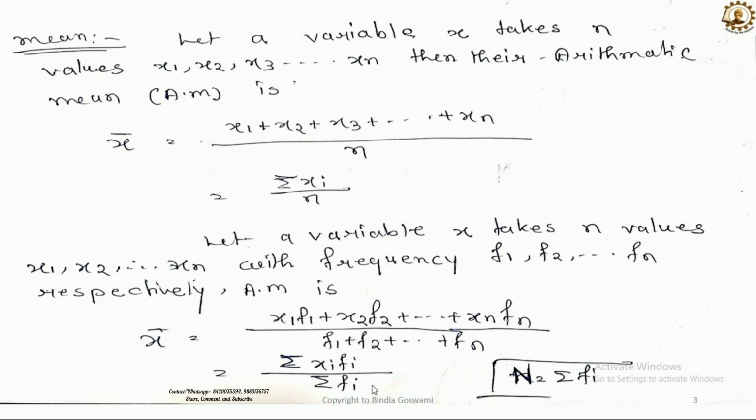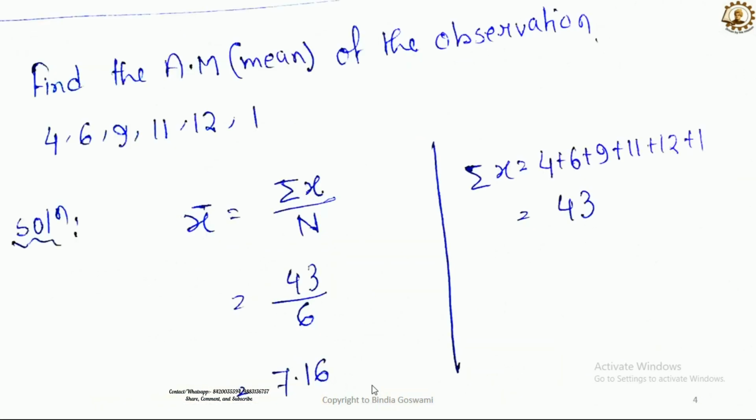Next, this is the example without frequency. Now find the arithmetic mean of the observations. If you have 4, 6, 9, 11, 12, 1, that is 6 numbers, how do we solve this mean?